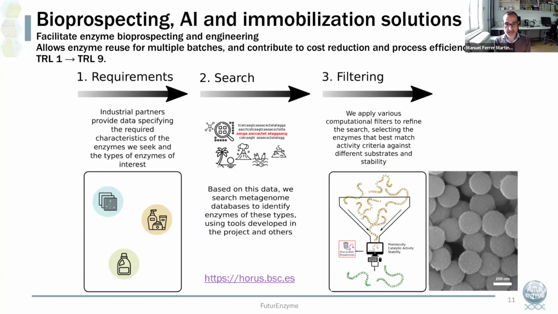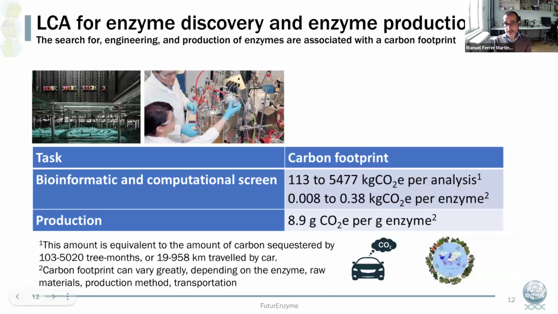And the next one, relevant to the LCA. Finding an enzyme and producing an enzyme has an associated carbon footprint. I mean, not only the products themselves, the cosmetic, the detergent, or the hyaluronic acid, but also screening and producing the enzyme.